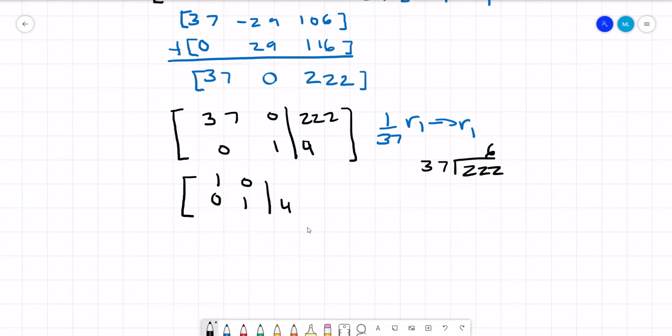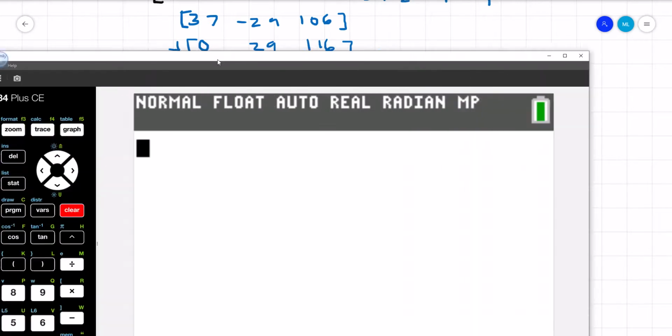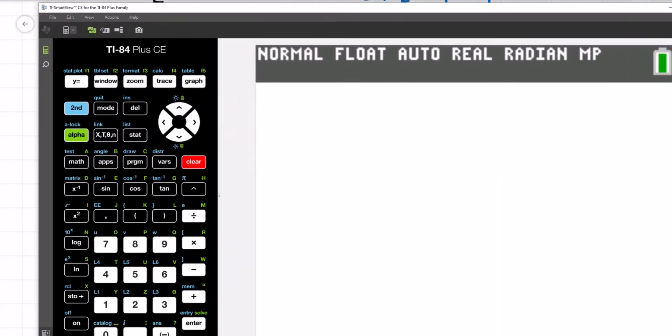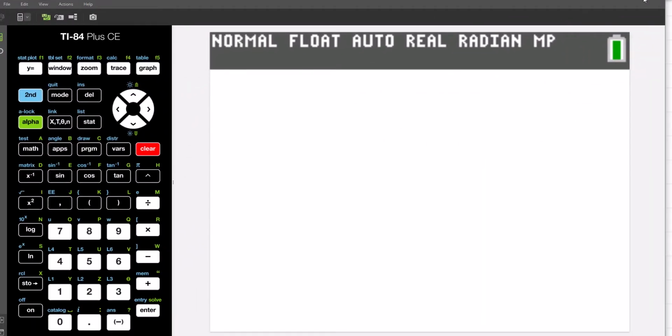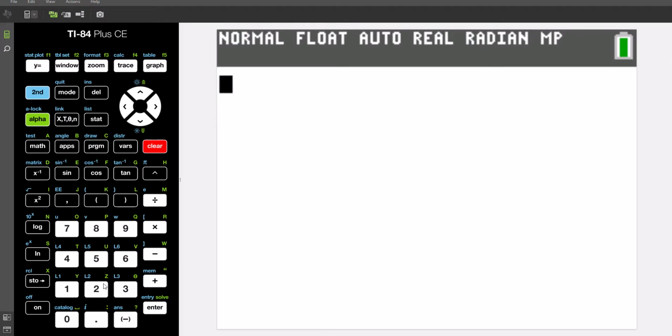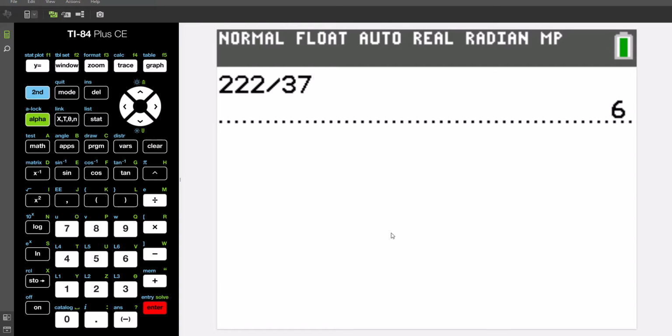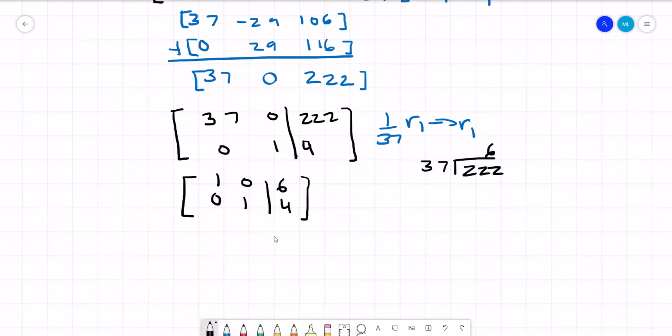Okay, so that's going to be 6 right here. And when in doubt, we can always use our calculator for those big computations. So in the event that you needed, we can just divide this by 37. Okay, so we still get 6.